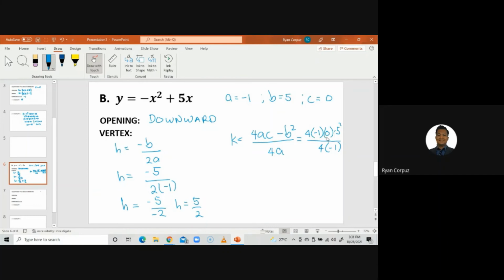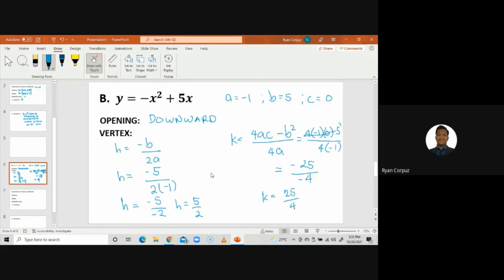So, 0 multiplied by any number is 0. So, that means this term will be cancelled out because the answer to it is 0. So, magiging negative 5 squared na lang. And what is 5 squared? 25 po. So, it should be negative 25 over 4 times negative 1 is negative 4. Then, both negative again. So, negative divided by negative is positive. So, we'll come up with the value of K which is equal to 25 over 4.